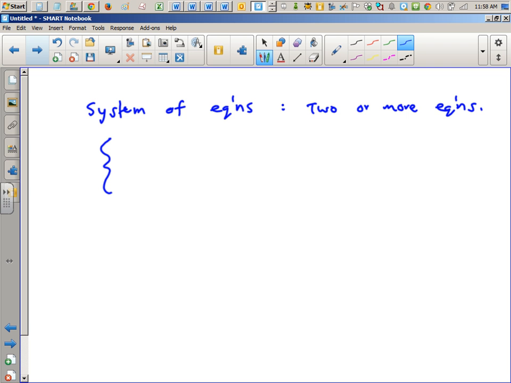So you have this little bracket, and then you might have something like 2x minus 6y equals something, 4x plus y equals something. Okay, so let's say that this is negative 34 and negative 3 or something.